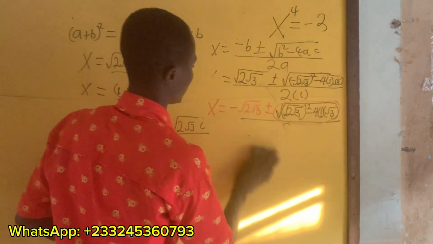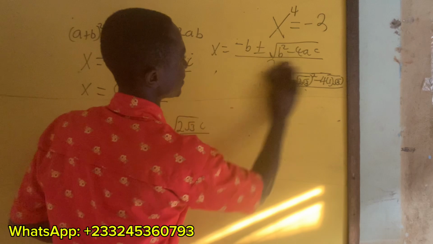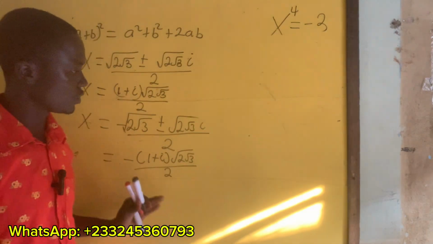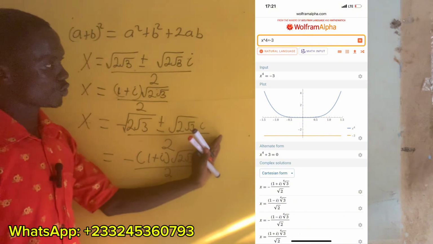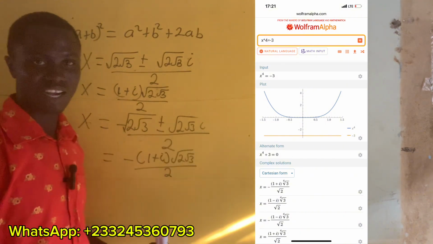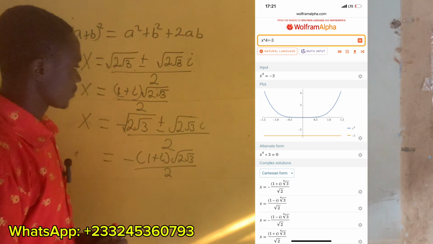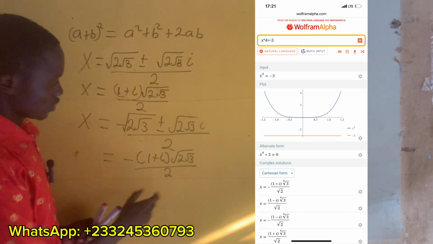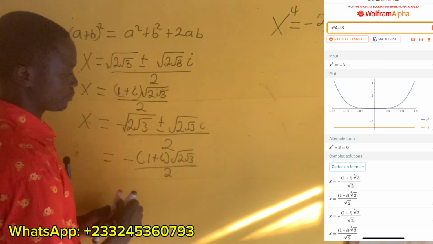But let us check Wolfram Alpha's solution. So look at Wolfram Alpha's solution here. Hope you've seen that. Let us write this in that form in a very simple way. Now, we have this, right? So let me take this part alone.